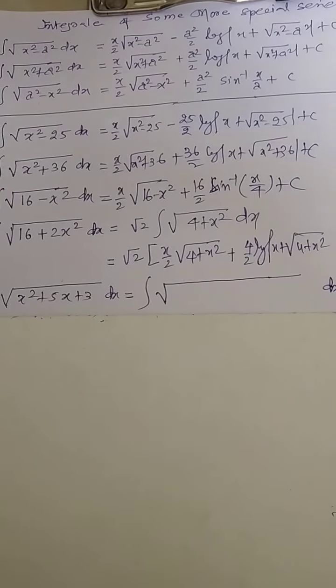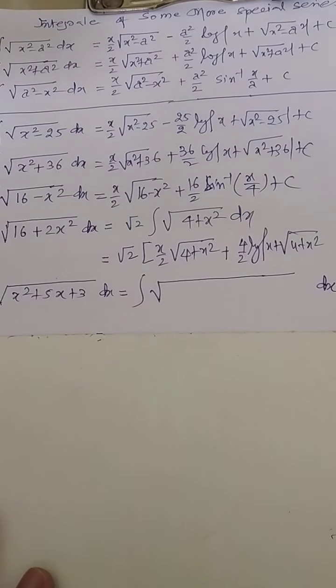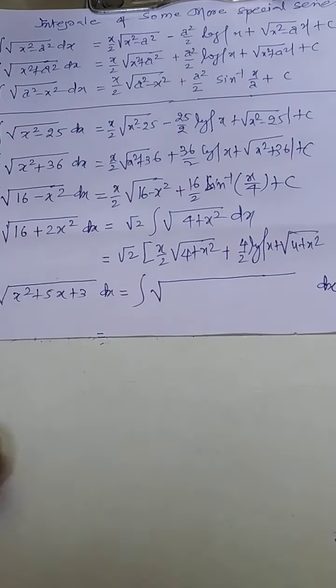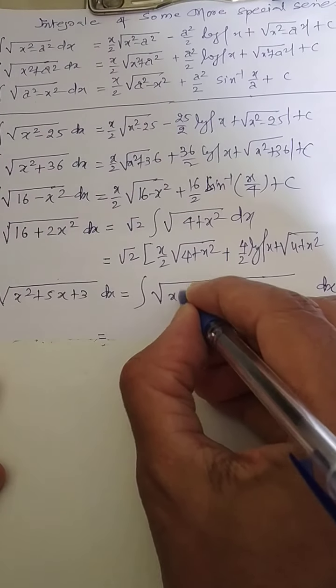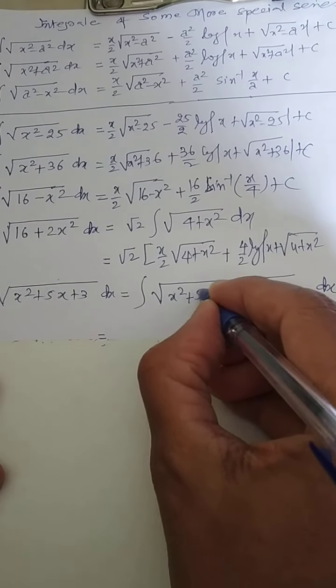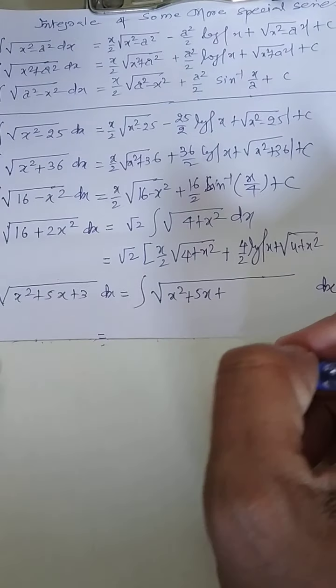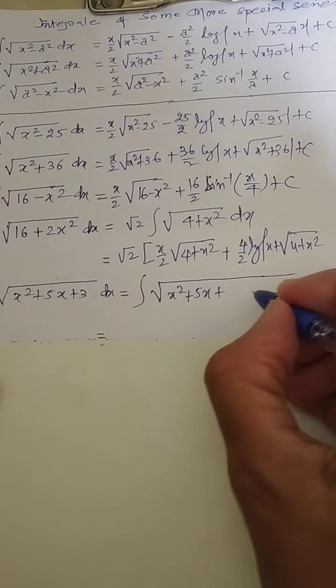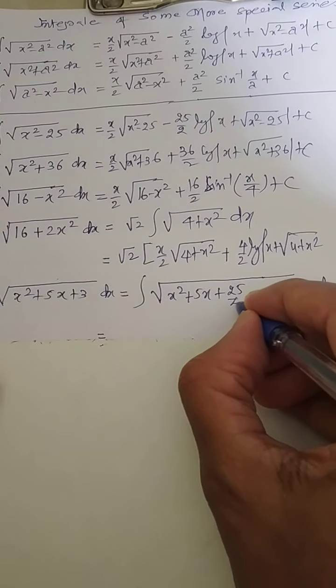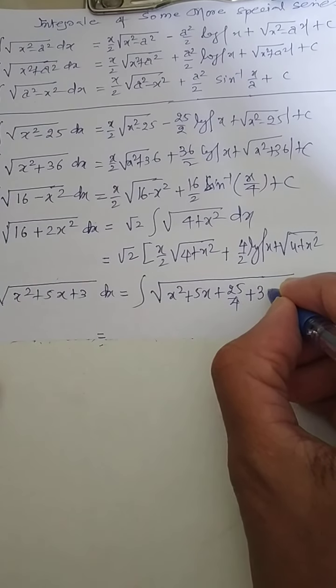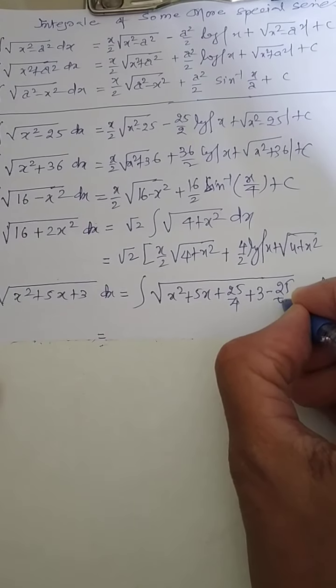Now see, what is the step? Correct, completing the square. So x square plus 5x, half of that, 5 by 2, square of that, 25 by 4, plus 3 minus 25 by 4.